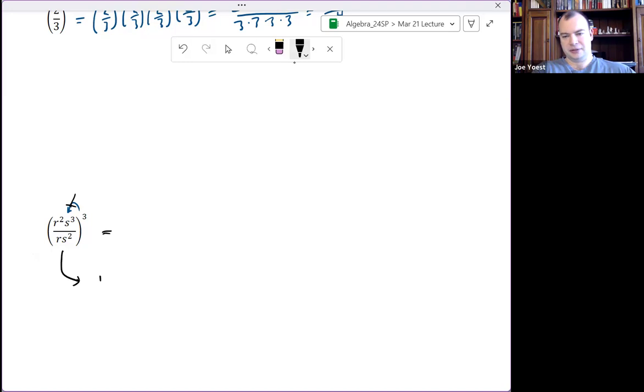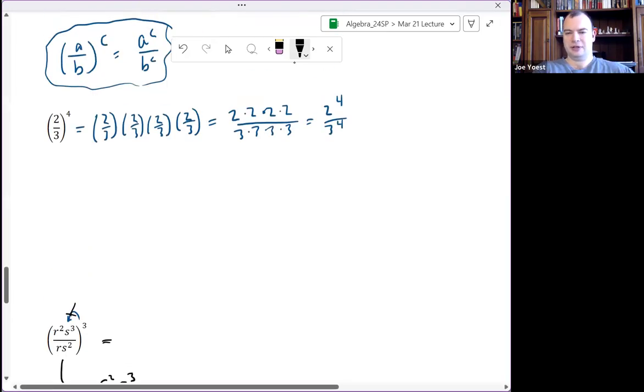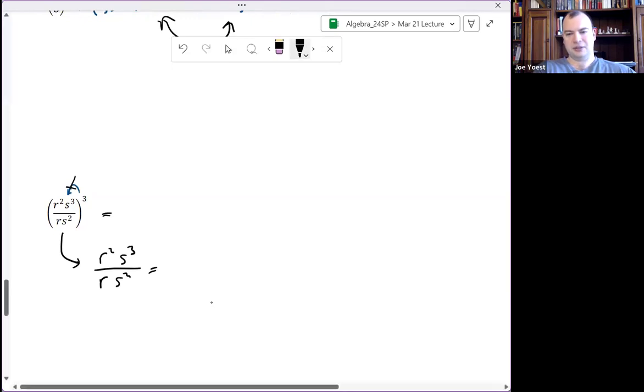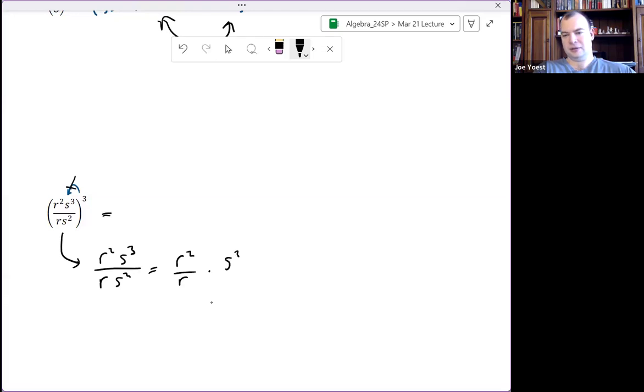Well, if I look at r squared s cubed over r s squared, remember, I have this property of multiplying fractions. If I have a product of two fractions, I can multiply the numerators, multiply the denominators, but I could also go the other way. I could split this into the product of two fractions, one with r and one with s.